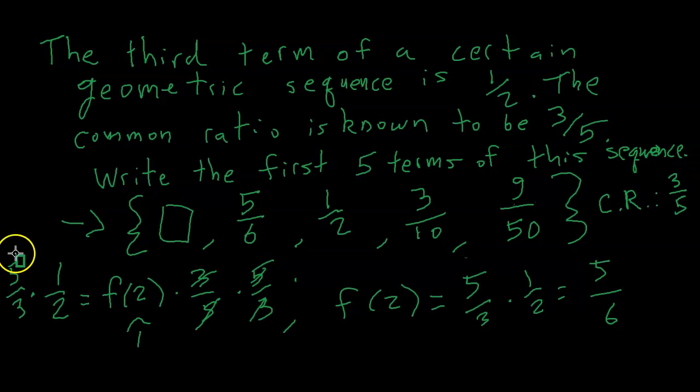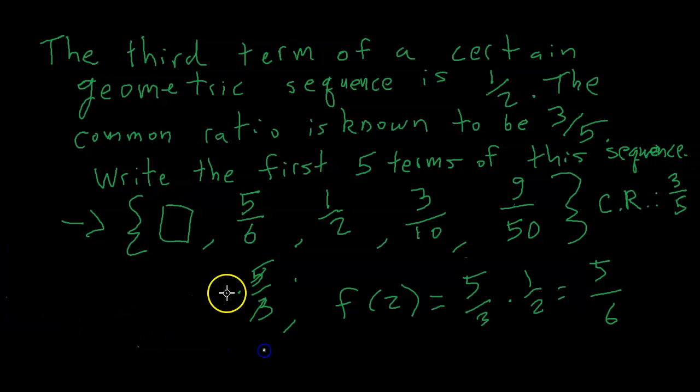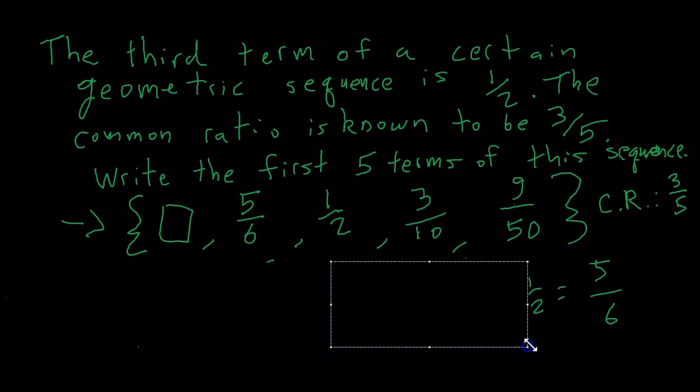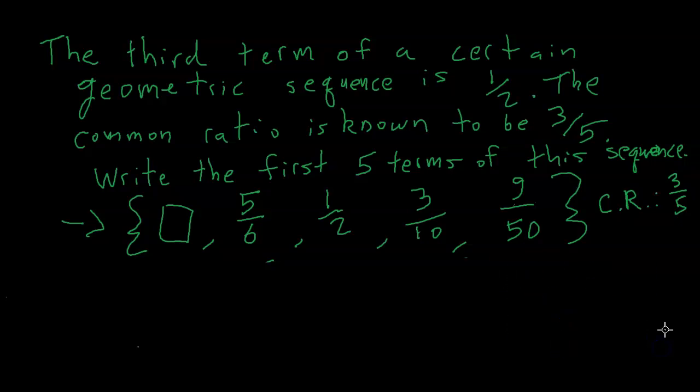Now let's make some room to get our first term and finish this all off. This isn't too difficult to do. What's our first term? Let's remember that our second term is our first term times the common ratio.